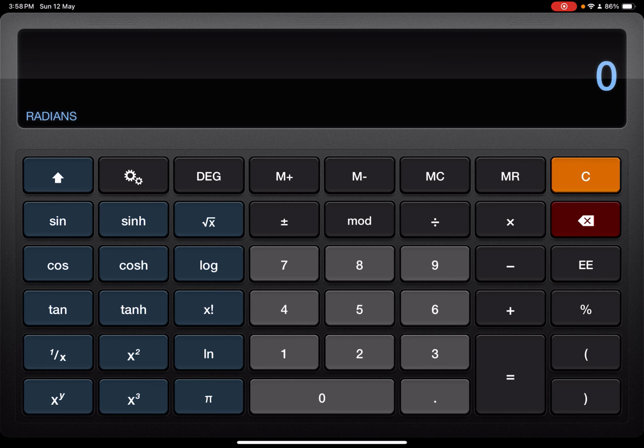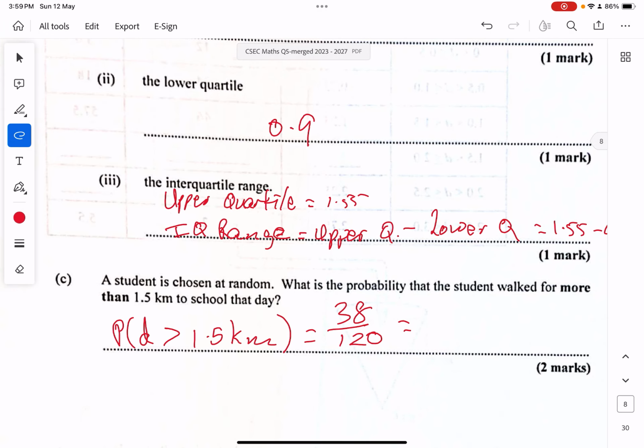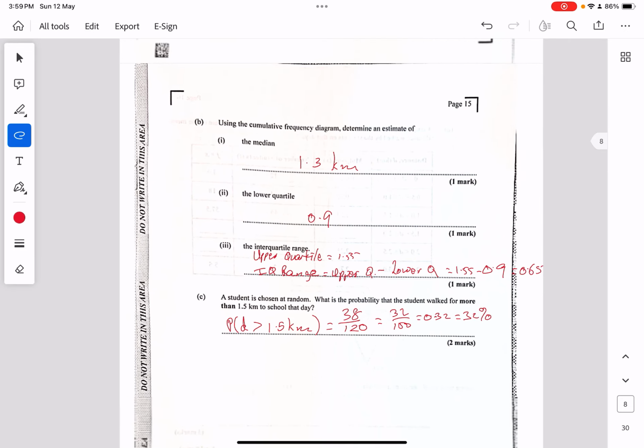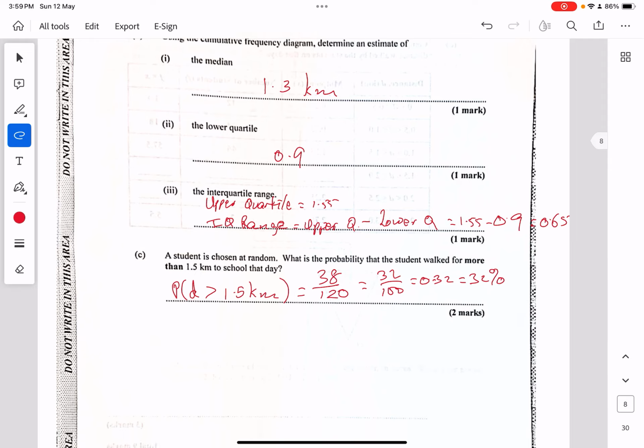We're going to round off to 2 decimal places. So that's 32 over 100, or 0.32, or 32%. So that is that.